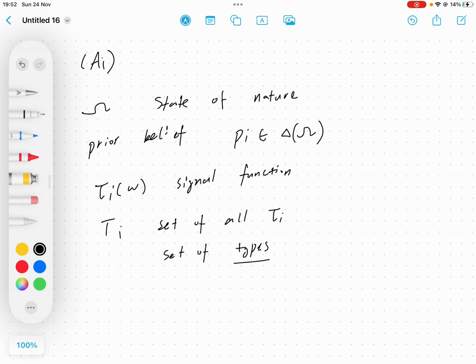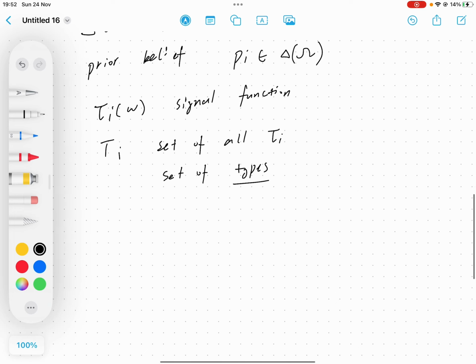If player i received the signal ti, then this player deduces that the state is in the set. So this has to be an inference: infers that the state omega is in the set, using this inverse function.